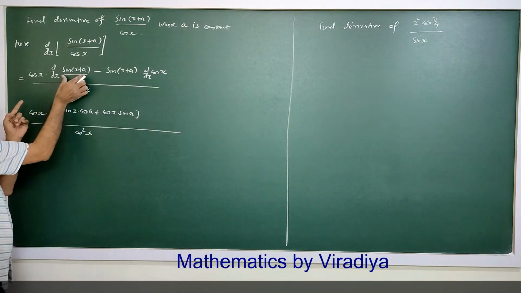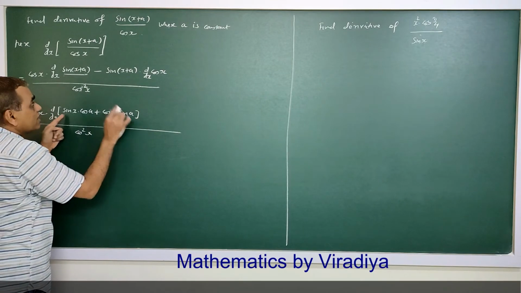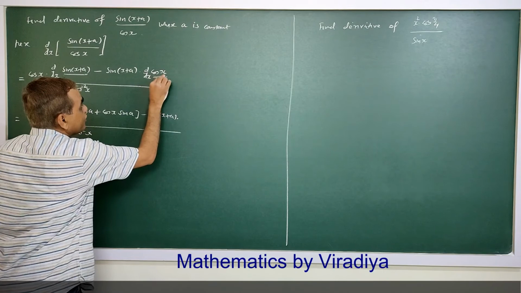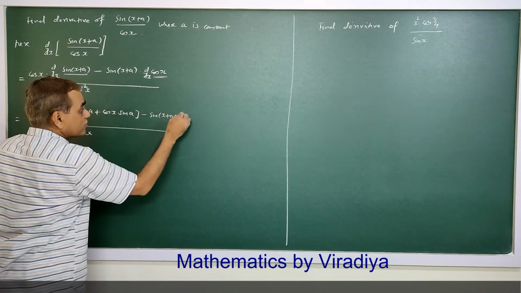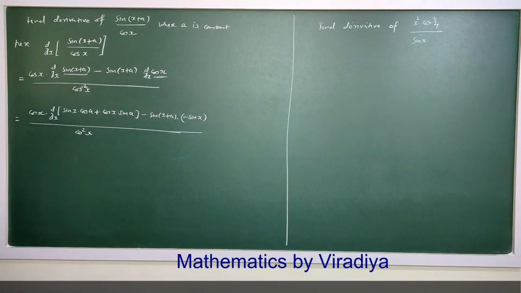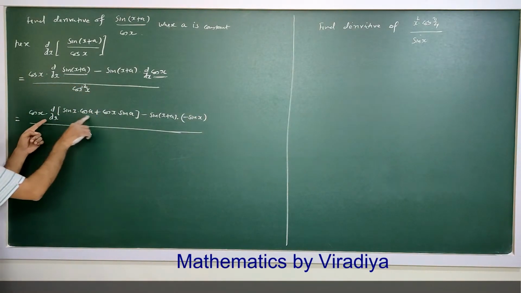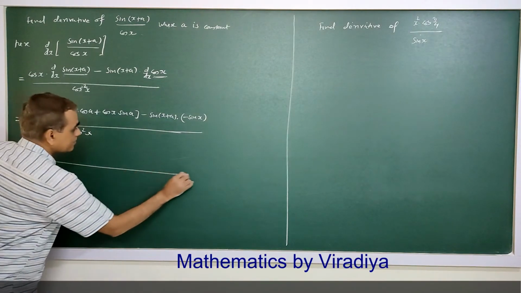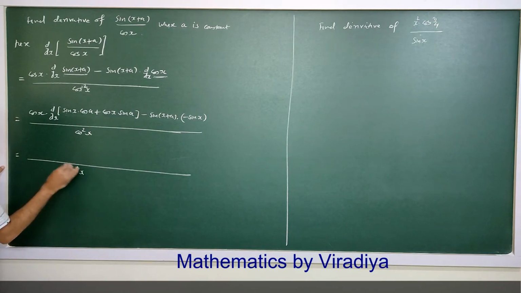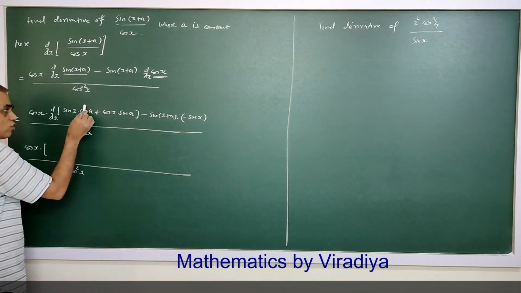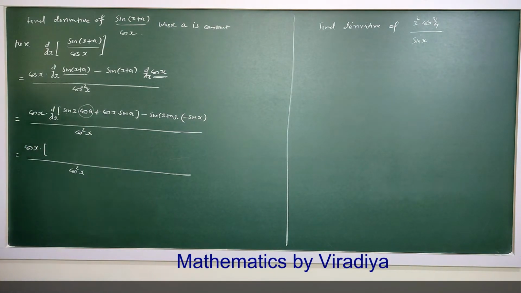Before differentiating this function, we have to put formula. This number sine of x plus a, and here derivative of cos x, that we know is minus sine x. Still here work of differentiation is due. Now see, here cos x into, this is constant, a is constant, so cos a is constant.